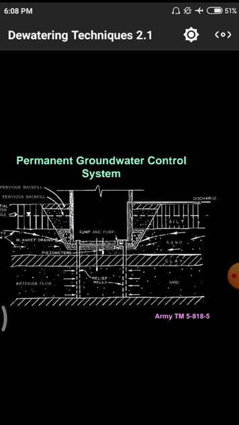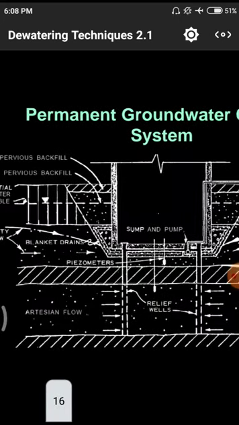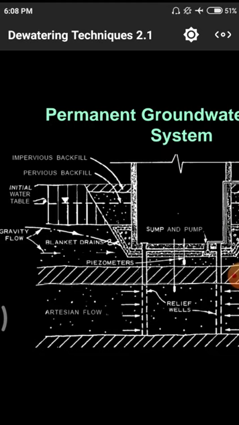In the diagram itself we have impervious backfill and pervious backfill. Impervious means material which doesn't allow water into the structure, and pervious means it has the capacity to absorb water.